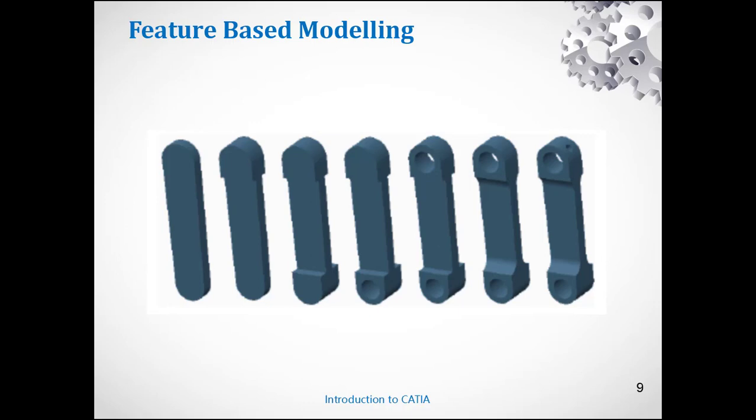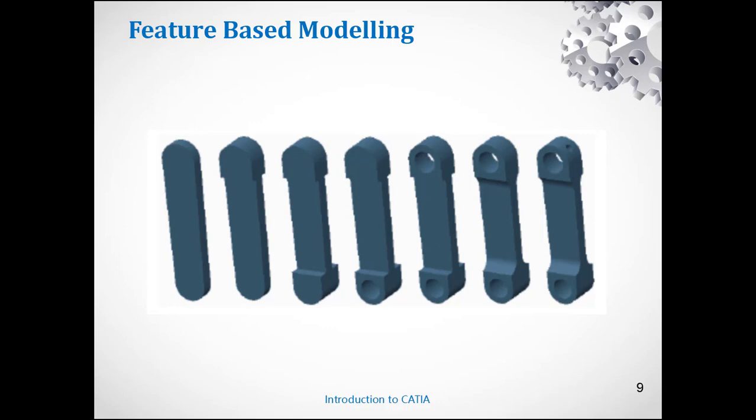As you can see, I have shown modeling steps for a connecting rod. You can see starting from left, there are some steps while creating this connecting rod. First, in the first step, one base is created.